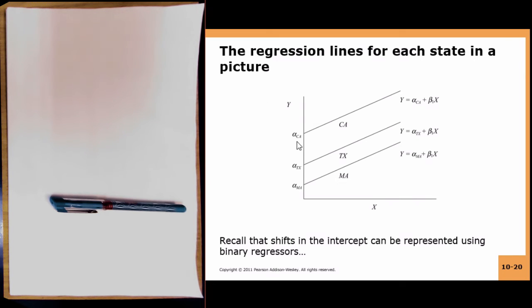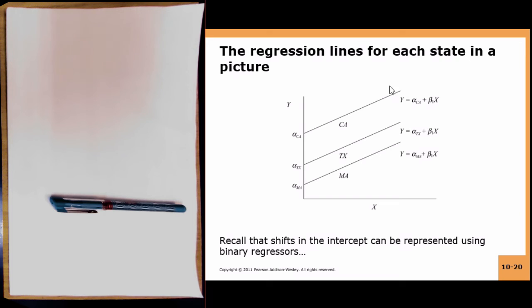As you can see, the intercept for alpha_California is here, the intercept for alpha_Texas is over here, and the intercept for alpha_Massachusetts is over here. The slopes remain the same. The slope for each of these lines remains as beta 1 X, here also beta 1 X, here also beta 1 X.